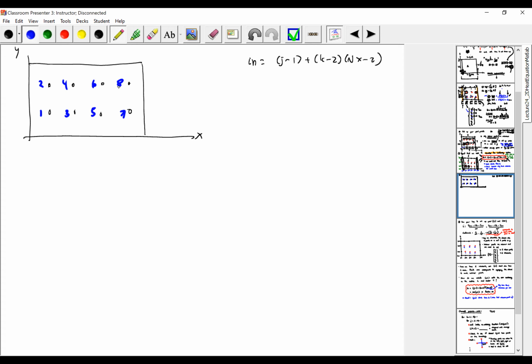It is okay, as long as you are consistent. But the equation that you're going to use is going to be different now, because the numbering system does not apply to this particular equation that you see. This is only for this numbering system. So for this numbering system, how would you write your IN?